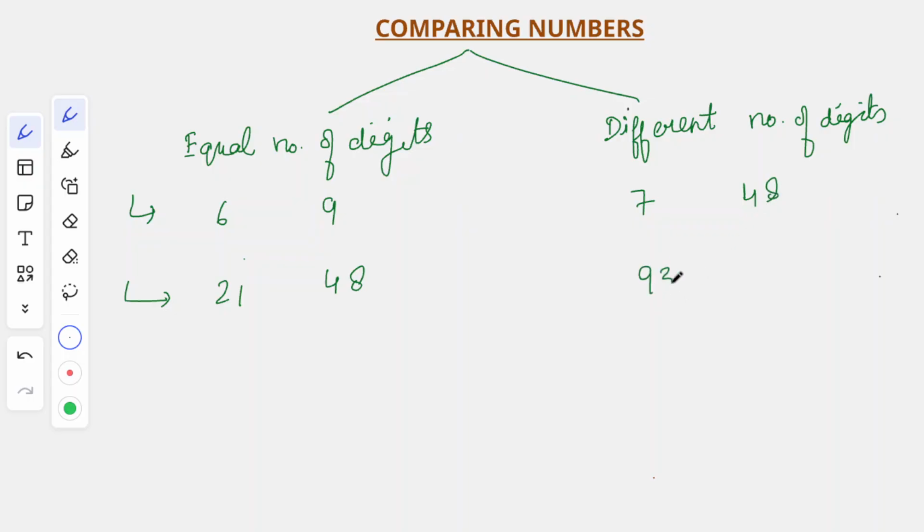You are comparing 93 and 2. Here you can see we have one single digit number and the other number is a two digit number. So we will discuss both the situations. We'll learn all kinds of comparisons one by one. Let's start with equal number of digits first, okay?